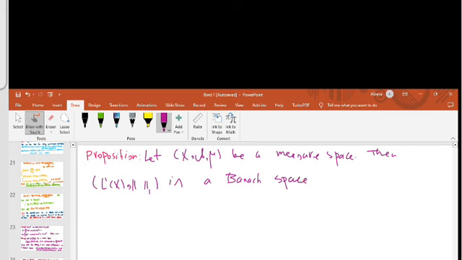You can see the proof of this in all functional analysis books, very easy, that this norm is complete, okay.